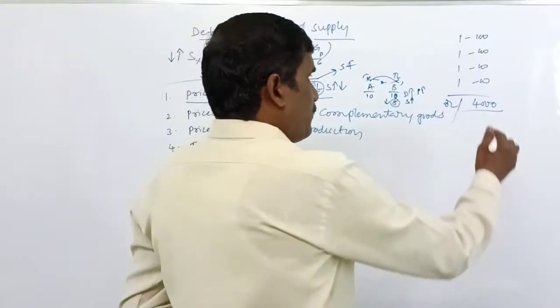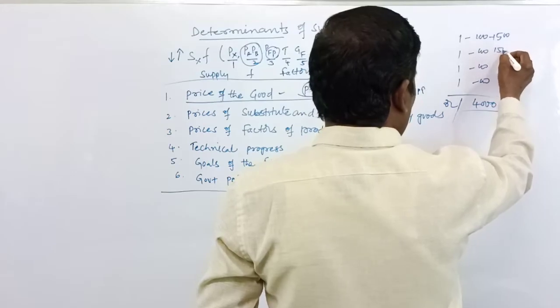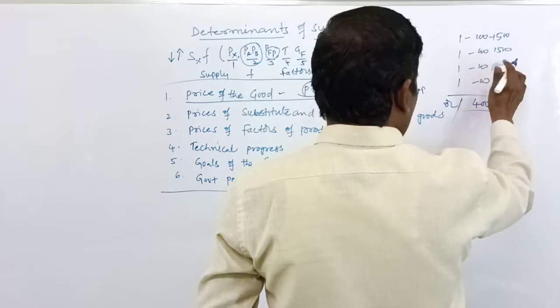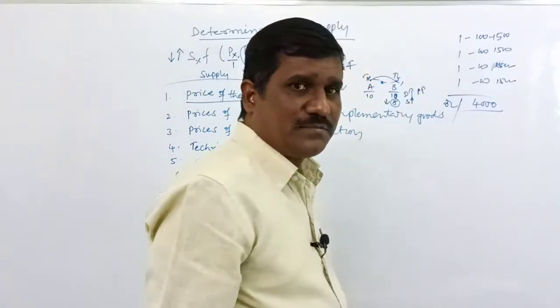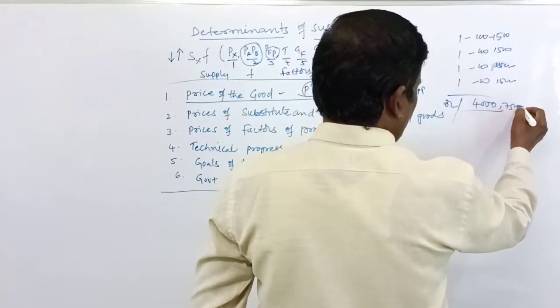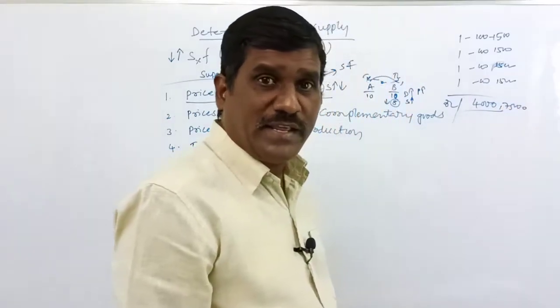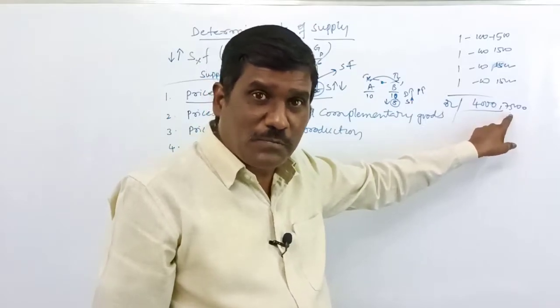But suppose the prices are 1500 here, 1500 here, 1500, and 1500, then the total is 7500, for example. Then what happens? The factor price increases.